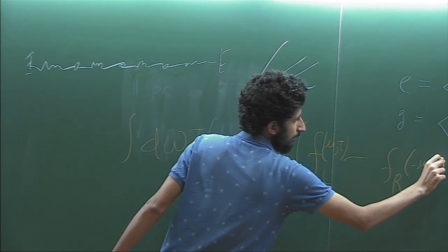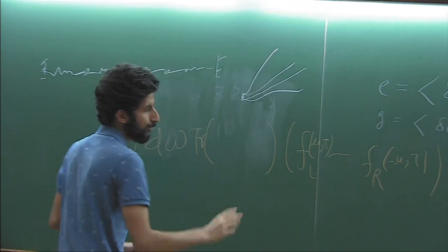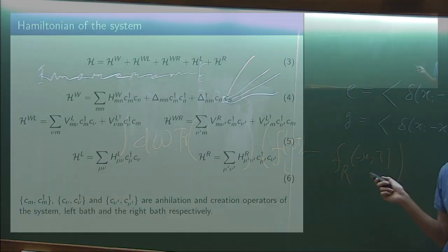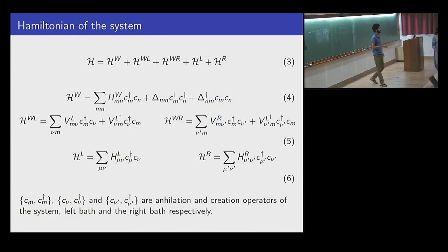So with equal temperatures and mu equal to 0, you can see the current will go to 0. This has been verified numerically as well as from this expression.